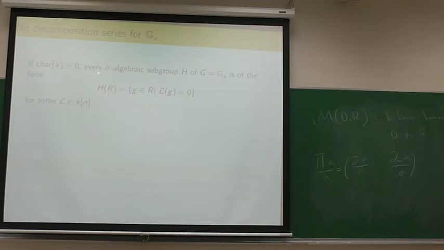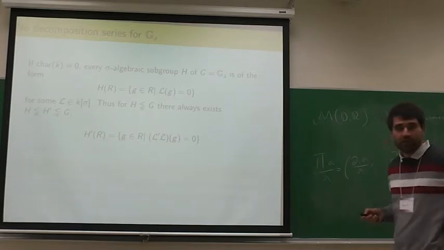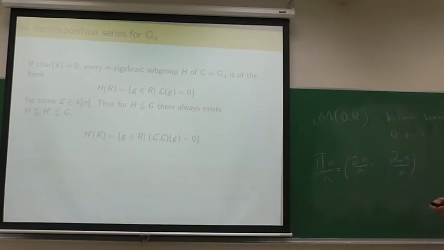One can show that in characteristic 0, every difference algebraic subgroup of G_a is defined by a linear difference equation. And so if you have a proper difference algebraic subgroup, you can always find one which is properly contained between the two. You can just take any non-trivial linear difference operator L prime to construct a proper intermediate group here.